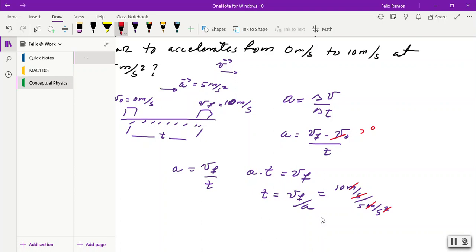So below we get 1 over second in the denominator. When we find the reciprocal, when we flip and multiply, it becomes seconds. So we have 10 over 5, and 10 over 5 is 2, so this is just 2 seconds. So the time taken for the car to accelerate from 0 to 10 meters per second at 5 meters per second squared is going to be 2 seconds.